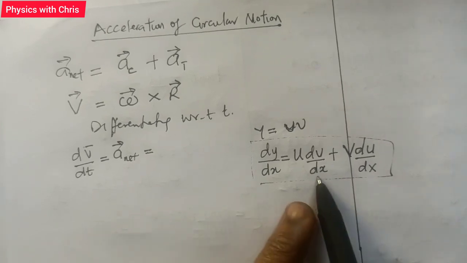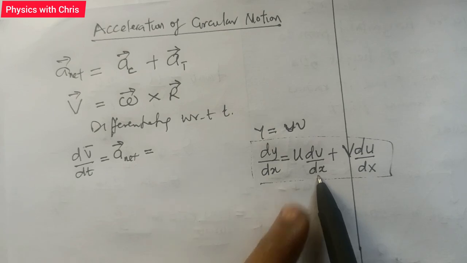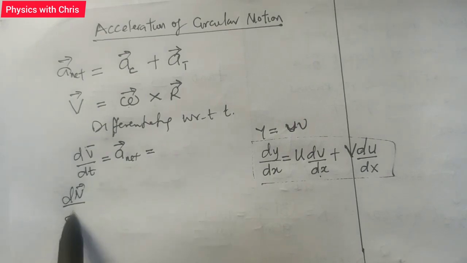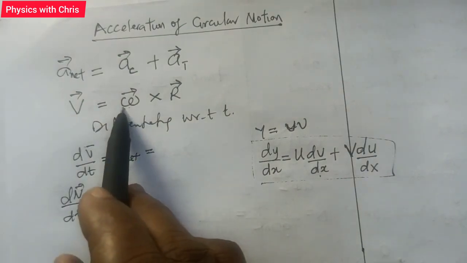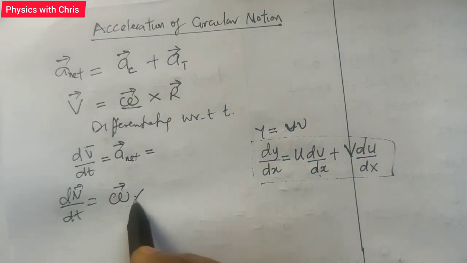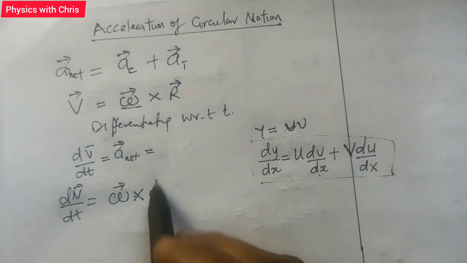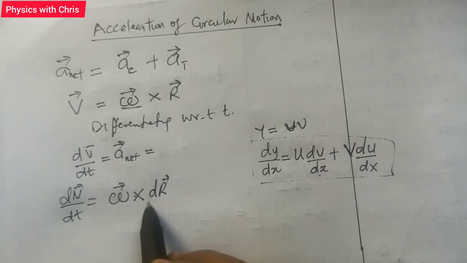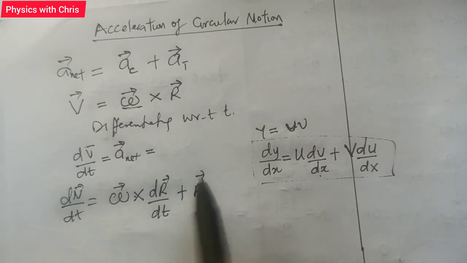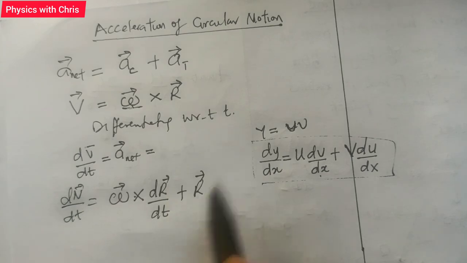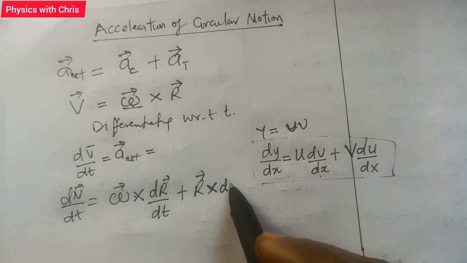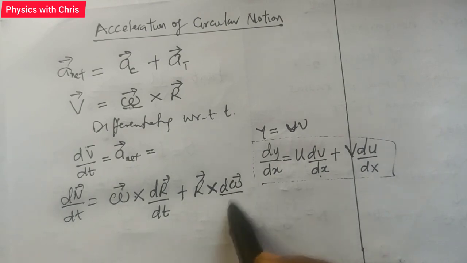So I'm going to apply this to differentiate this, so that again my dv over dt is equal to, if I keep this one constant first, that's my omega cross product multiplied by dr over dt, then plus keep r constant next because I'm taking this as my u and this as my v, then the cross product of that with d omega over dt.